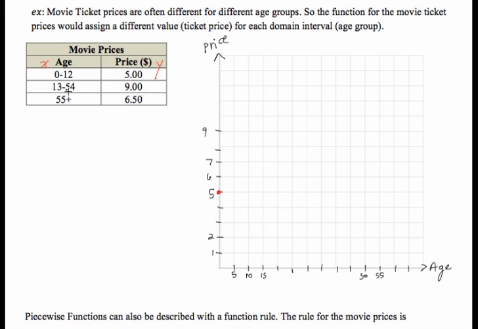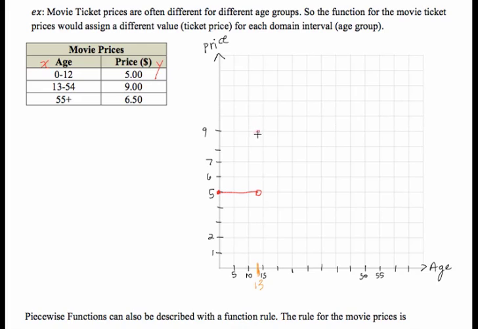So the price doesn't actually jump until right here at 13. That's where it jumps up. So we're paying $5, $5, $5, all the way out to 13. Then we have an open circle there because the second you hit 13, it jumps up to $9.